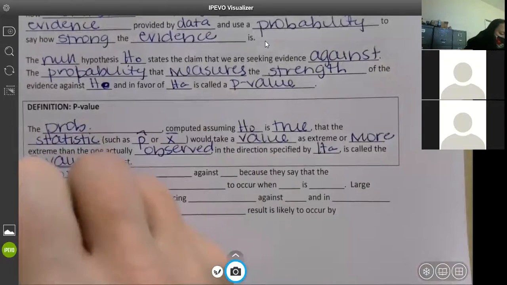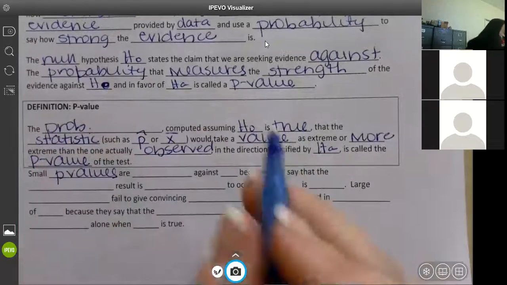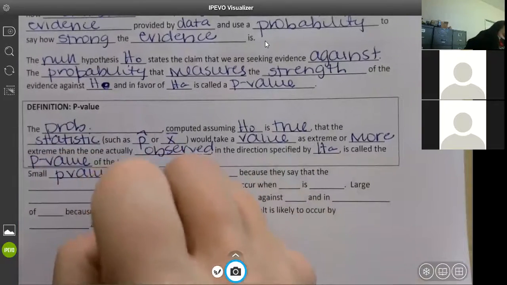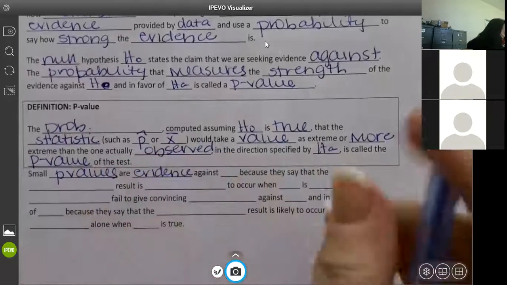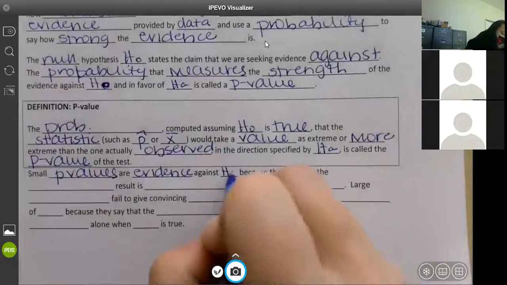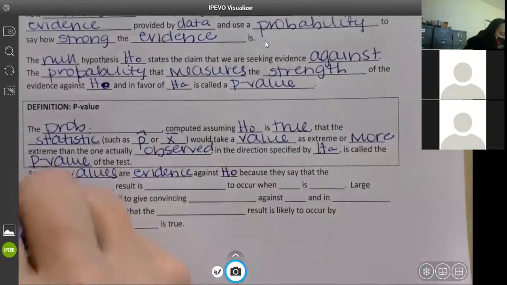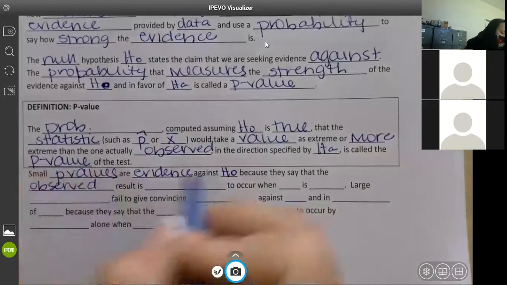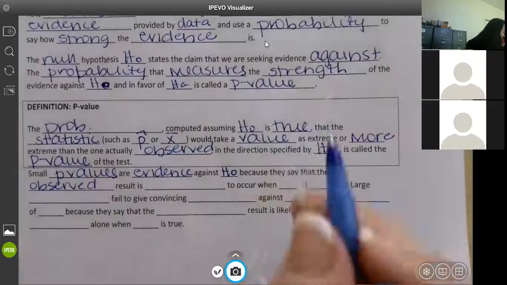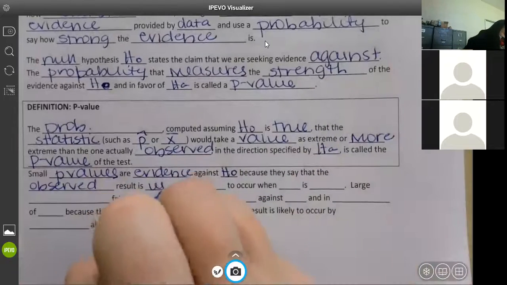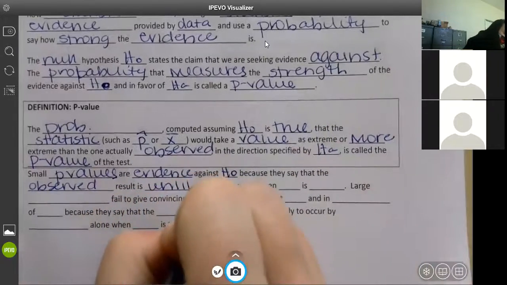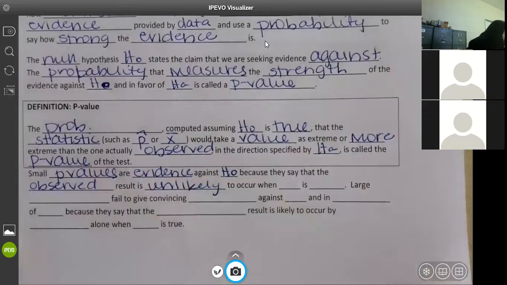Small p-values are evidence against the null because they say that the observed result is unlikely to occur when H sub O is true.